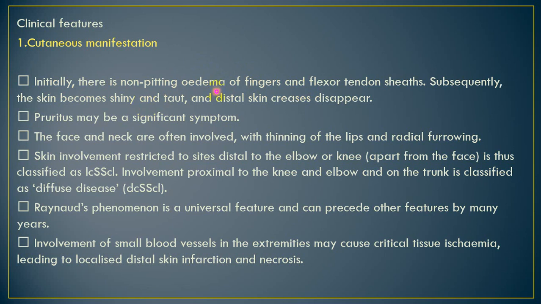After the edema, where the inflammation subsides slightly due to the development of fibrosis, the skin will become shiny and taut due to stretching of the skin, and the distal skin creases will disappear, again due to stretching. With the inflammation, there could be pruritus.